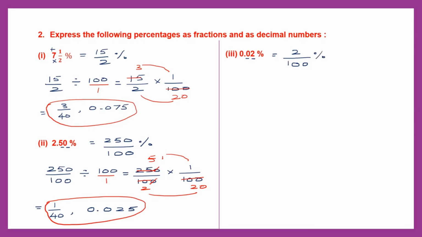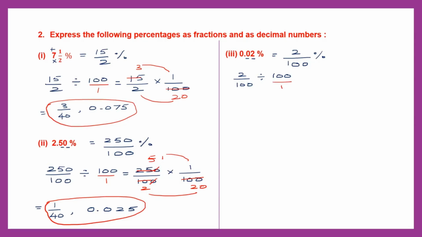Now I'm going to convert it to a fraction as well as a decimal number, because now it is in the form of a percentage. So this will be 2 by 100 divided by 100. When you have to convert it to a fraction or a decimal number, you must divide it by 100. So that is 100 by 1.